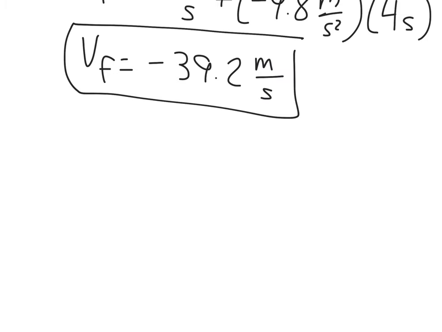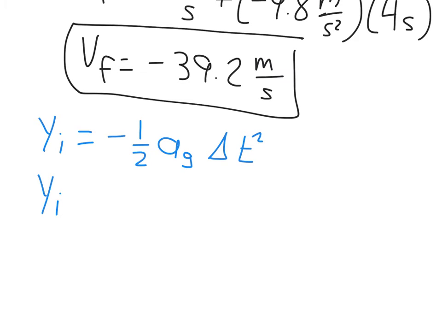So this formula is this one. The initial height of an object that is falling is equal to negative half of the acceleration of gravity times the time interval squared.